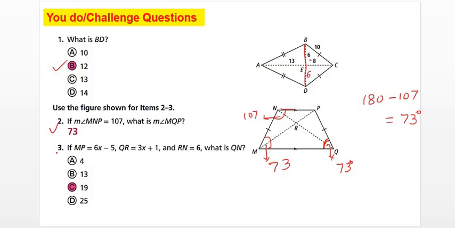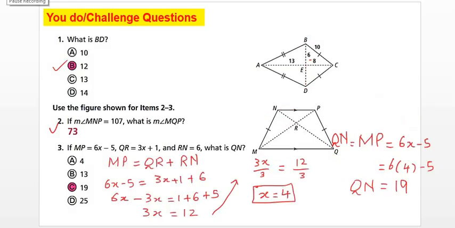Now for question number 3, let me show you the working. So here is the answer for QN, that QN will be 19. Why? Because you can see here that this diagonal will be equal to this one. So first we have to make this equation that MP will be equal to QR plus RN, because the values of QR and RN are given.